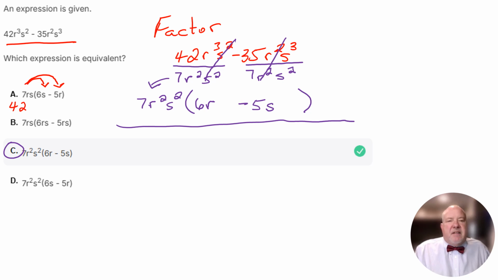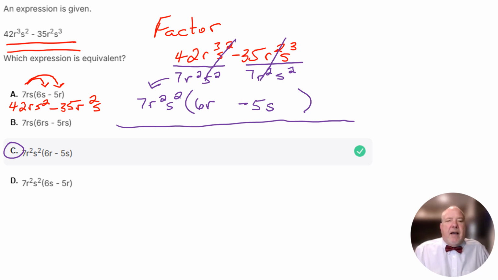R times that, there's no R there, so it's just an R. And then S times S is S to the second. Minus 7 times 5 is 35. R times R gives me R to the second. And then I have the S there. So I could do that for each problem until I find one that matches the expression I started with.